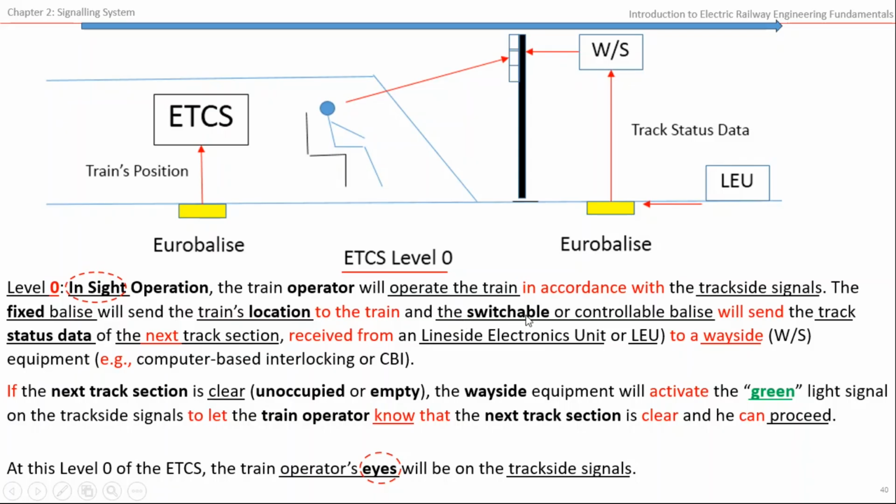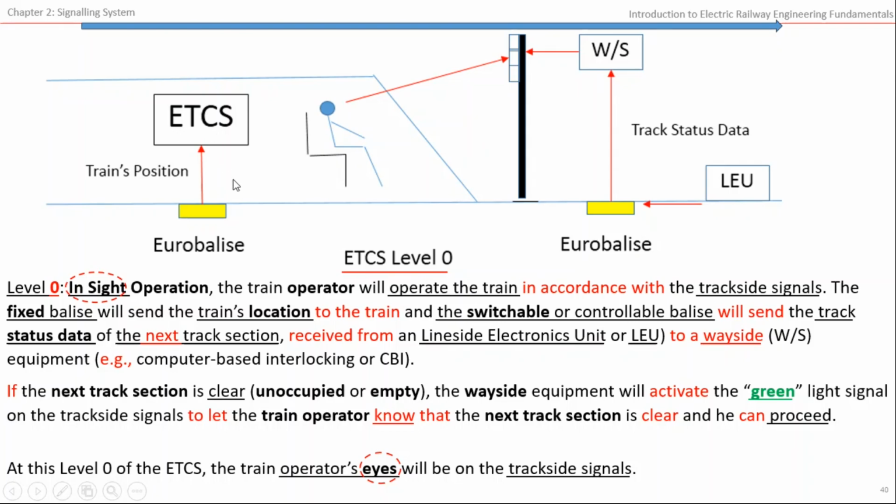And then we have what we call switchable or controllable balises to send the track status to the train, from what they call the LEU or lineside electronic unit.